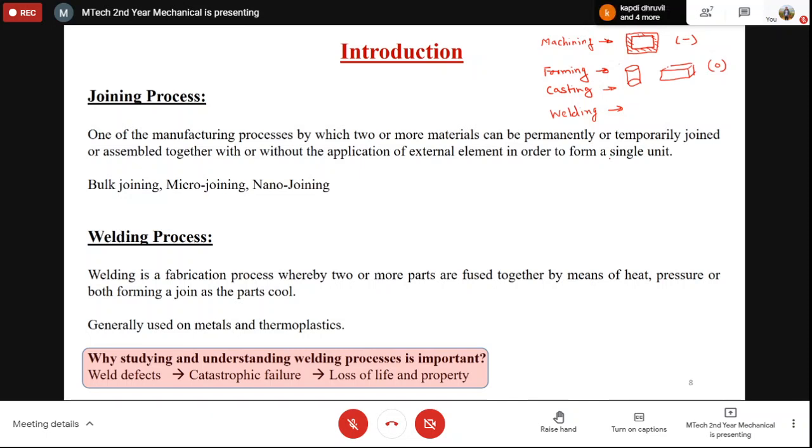So if one material is this and another material is like this, and we are joining the two materials, we may or may not require adding the filler material. In one way we can say that it is a positive volume change process.